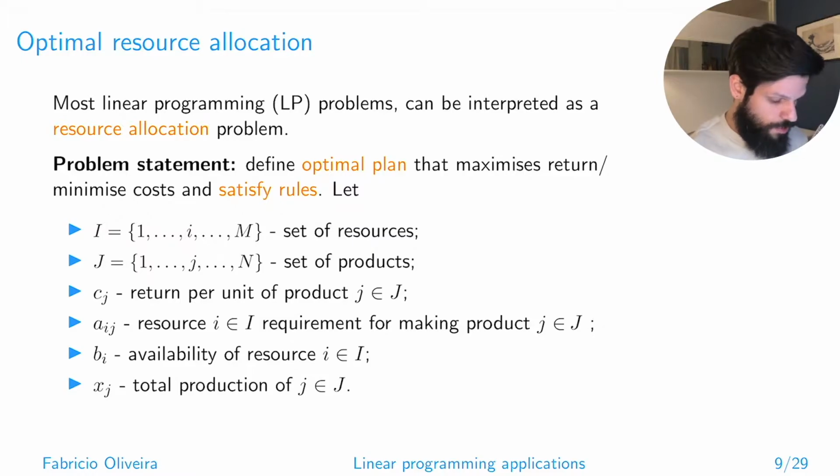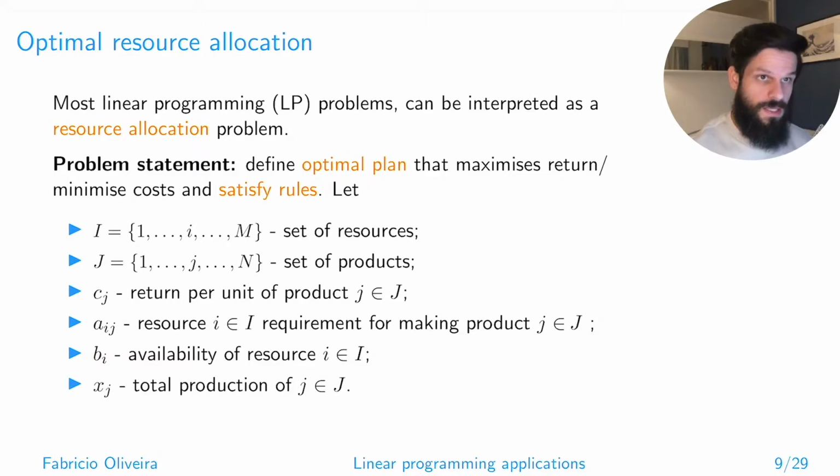In this case, each product I make gives me a return per unit of Cj, and I can't make an infinite amount of products and have an infinite return because my products require resources to be made, and I require exactly a_ij of the resource i to make product j.